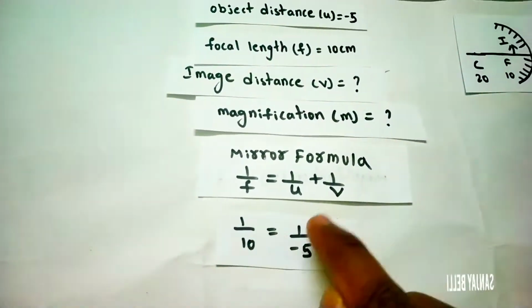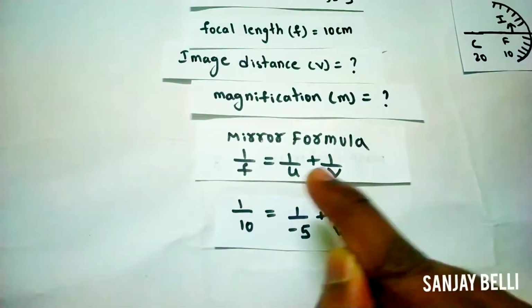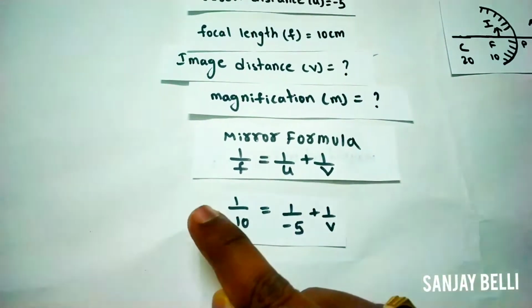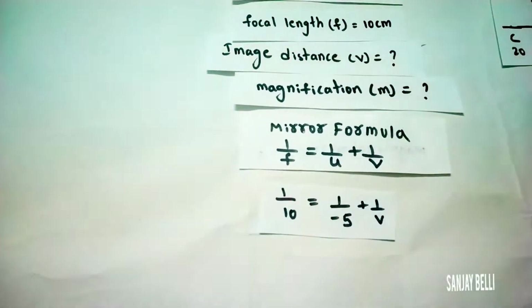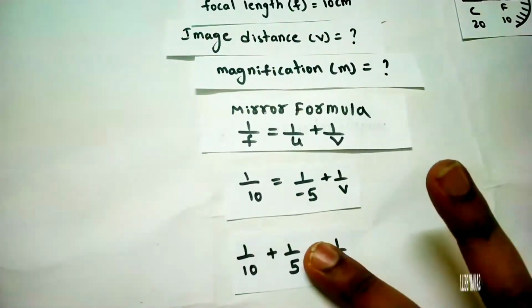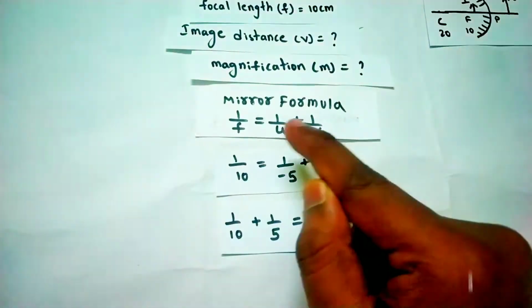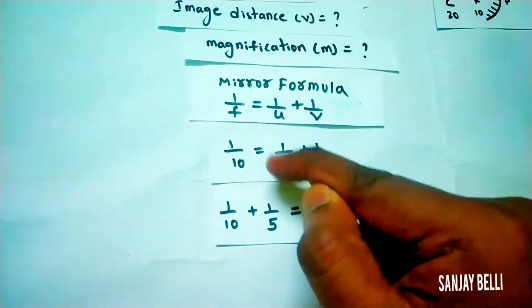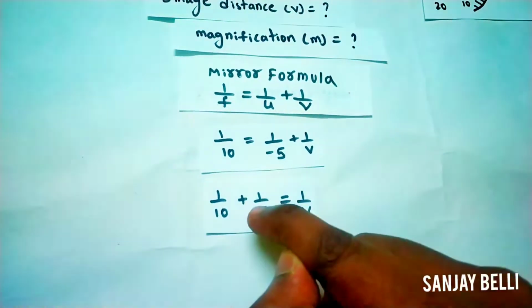So 1 by 10 equals 1 by minus 5 plus 1 by v. Now you have to shift this 1 by minus 5 to the left side. What will happen? It will become positive. That means you get 1 by 10 plus 1 by 5 equals 1 by v. How did we get this step? This 1 by minus 5 shifted to the left side, so it becomes positive.